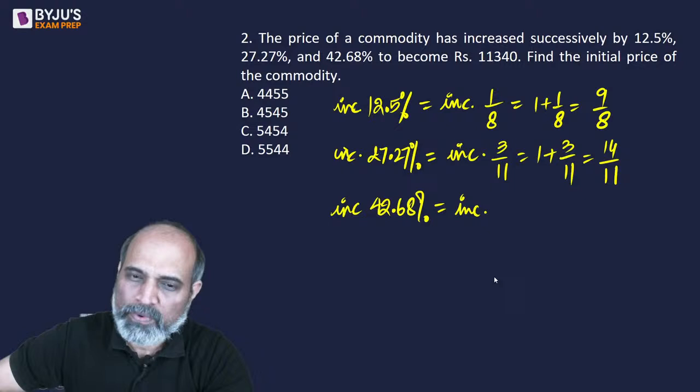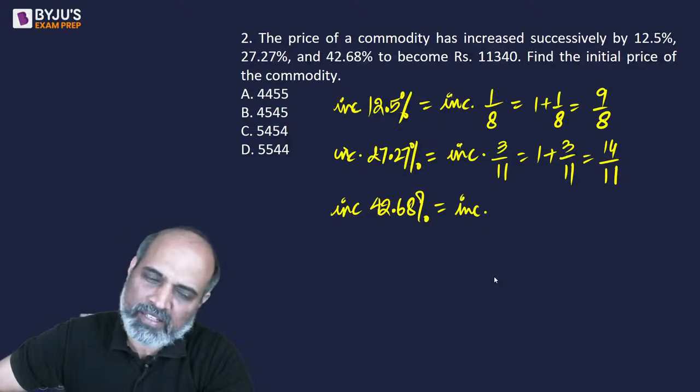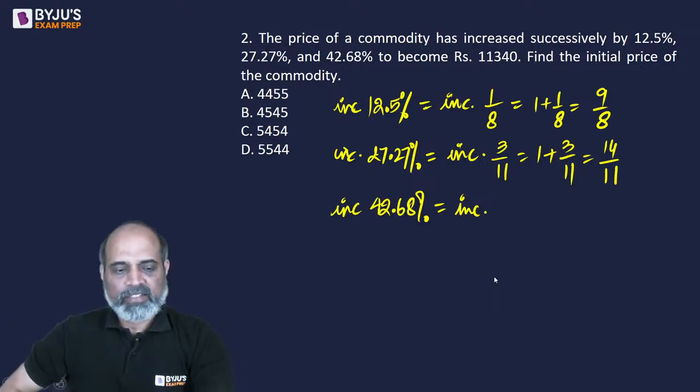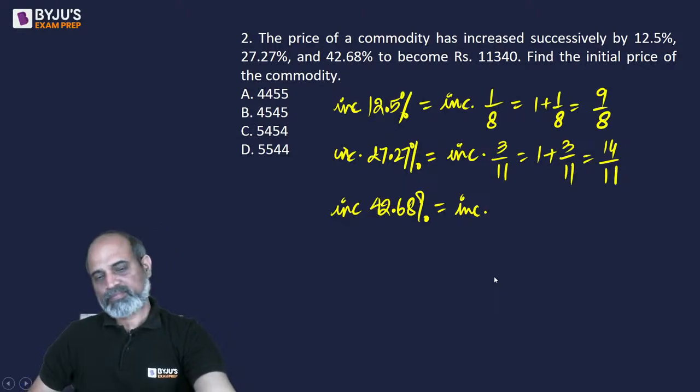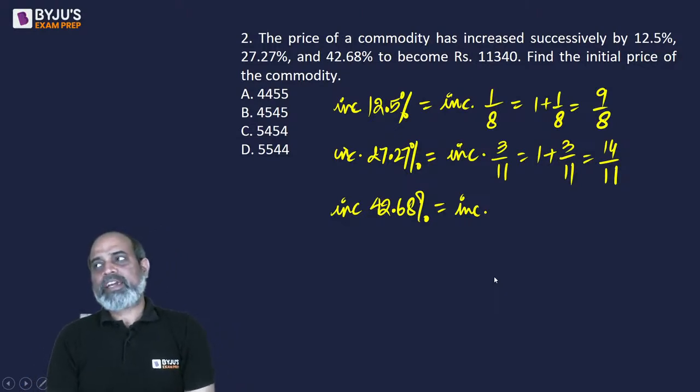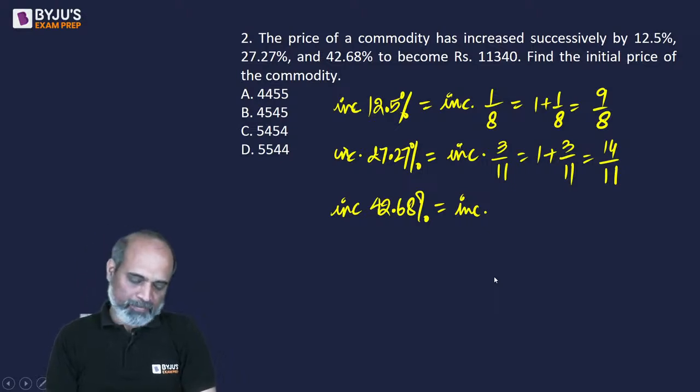Is it divisible by 41? No, it's not divisible by 41. Now this has become difficult. Up to 1 by 15, 1 by 16, we do not have 42.68%. Did it mean 42.67?